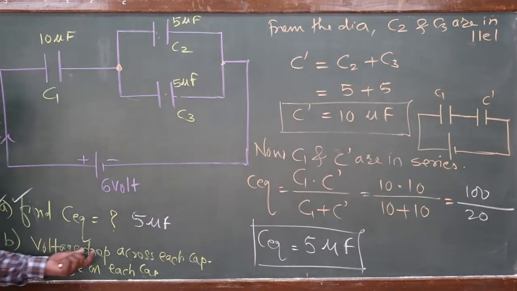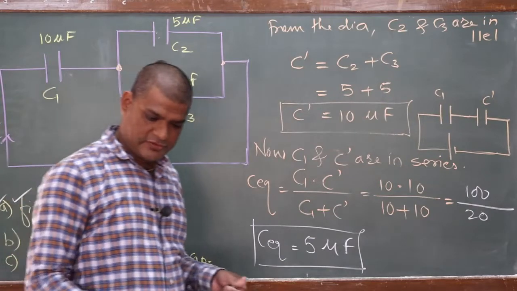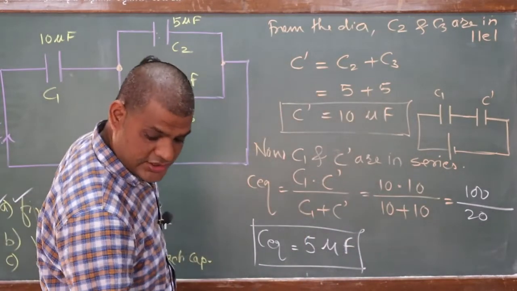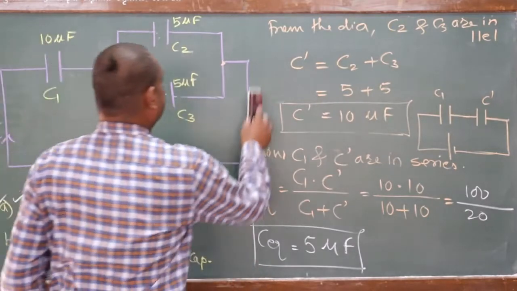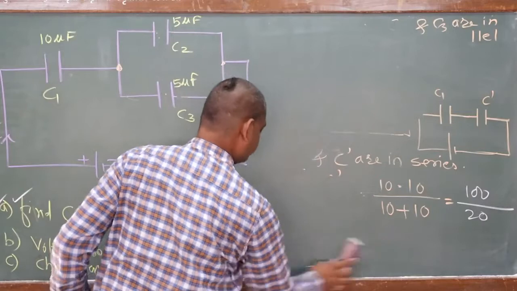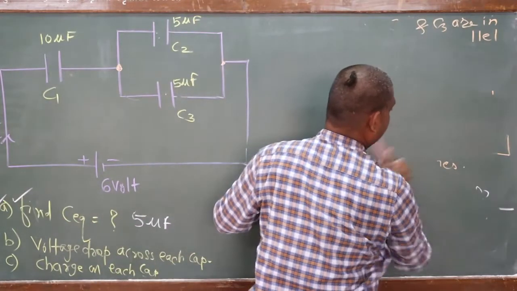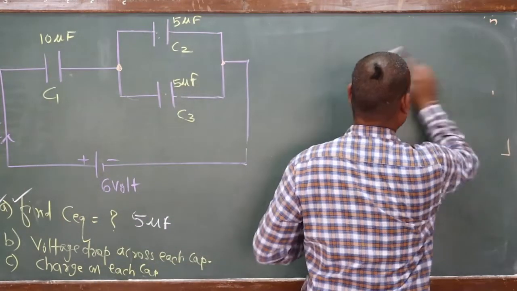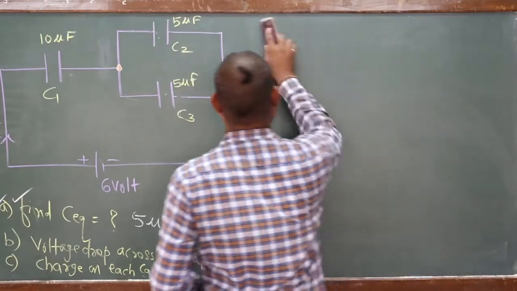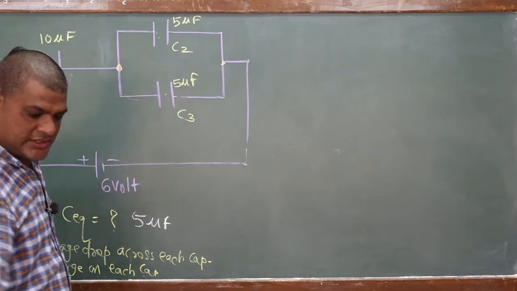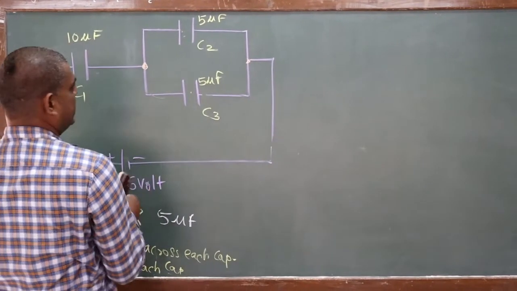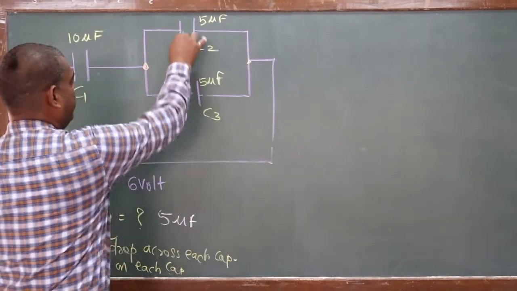Now the voltage drop across each capacitor. For the next question, the voltage drop across each capacitor. Okay, erasing this. After solving this, what will you get? That is 10 microfarad.